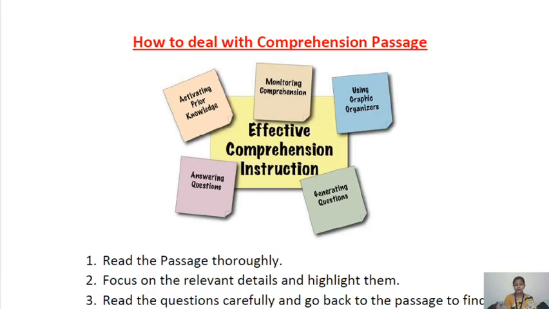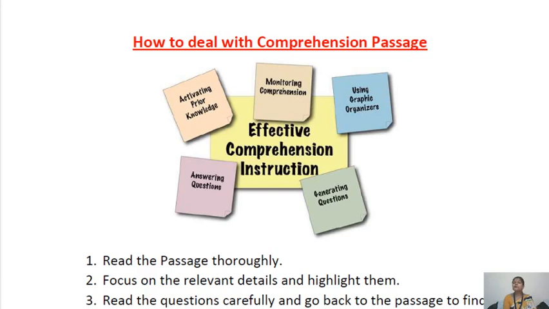Such kind of link you start maintaining with the passage. So you start monitoring that word. Okay, then my next instruction is using graphic organizers. Graphic organization means sometimes we need to draw a flow chart or some kind of graphical presentation to understand that passage well.